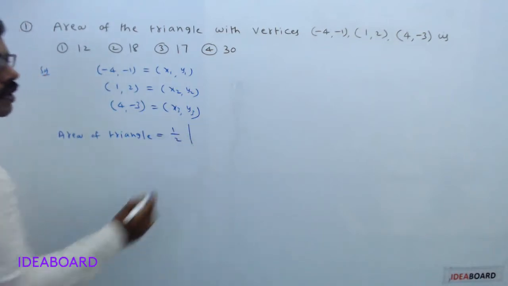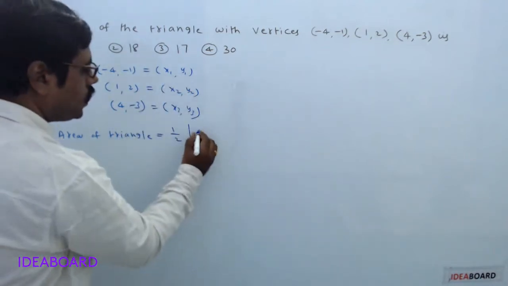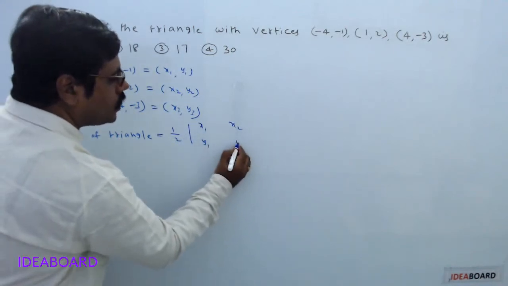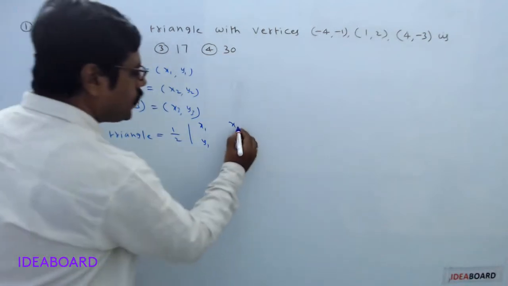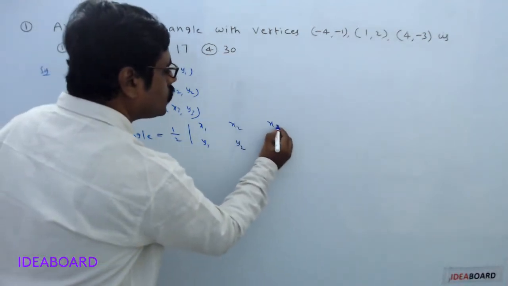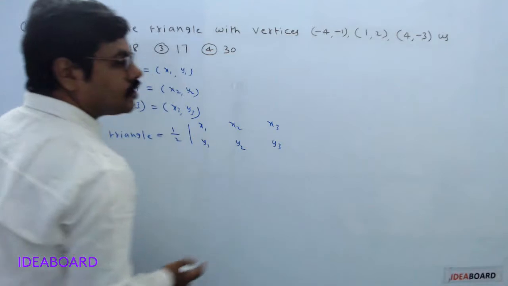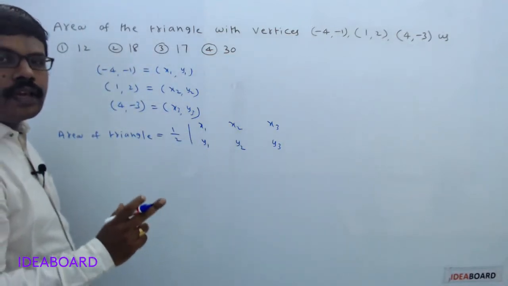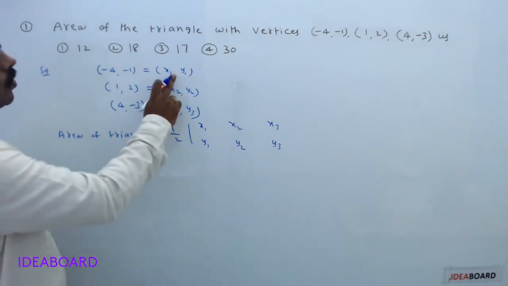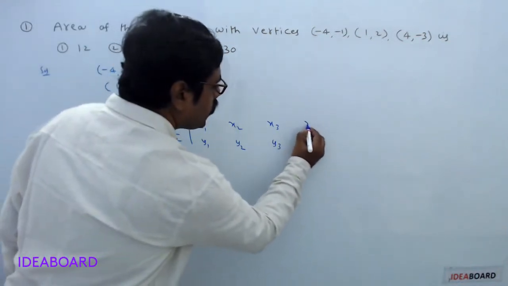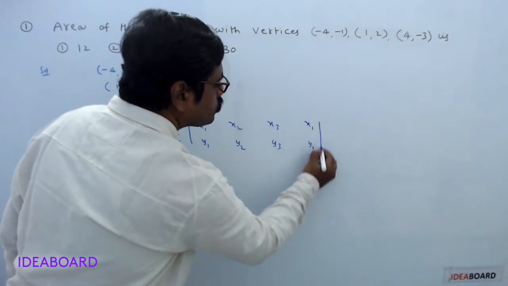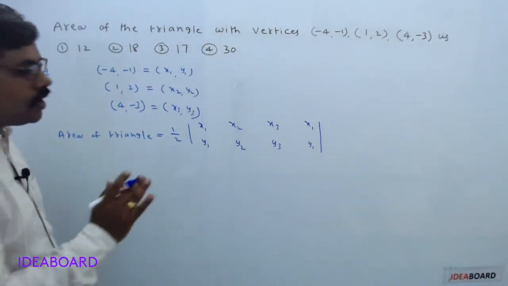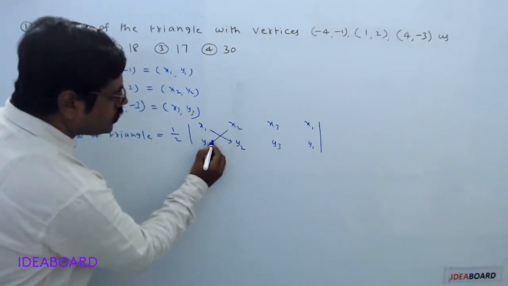half modulus of the first point coordinates x1 y1, second point coordinates x2 y2, third point coordinates x3 y3. If all 3 points are over, then again you write down the first point coordinates, x1 y1. After writing this format, put the arrow marks like this.